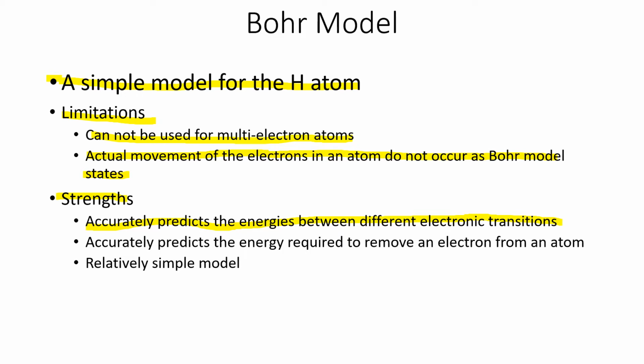It also accurately predicts the energy required to completely remove an electron from an atom. And it's relatively straightforward and simple. So it's something that we can grasp, even though, as we're going to see, electrons are incredibly complicated in terms of what they're doing. This is a relatively simple model to get at what's happening with the electron.